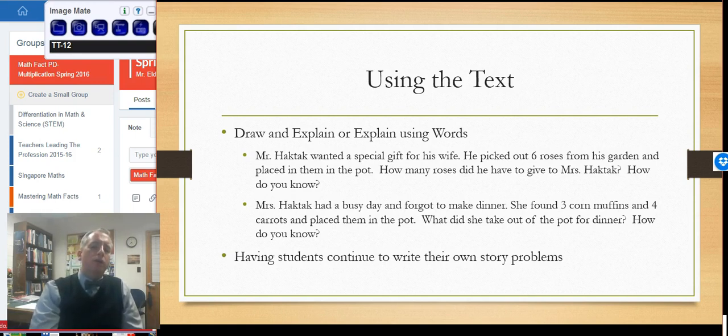So a good chance for kids to be able to draw it out and then be able to put the math sentence or the number sentence with what's going on there. And again, repeated practice with doubling, with twice as much. Kids writing their own story problems can be a great experience in terms of ways to follow up with the text. So some of the kids are going to be there, some of them are not.